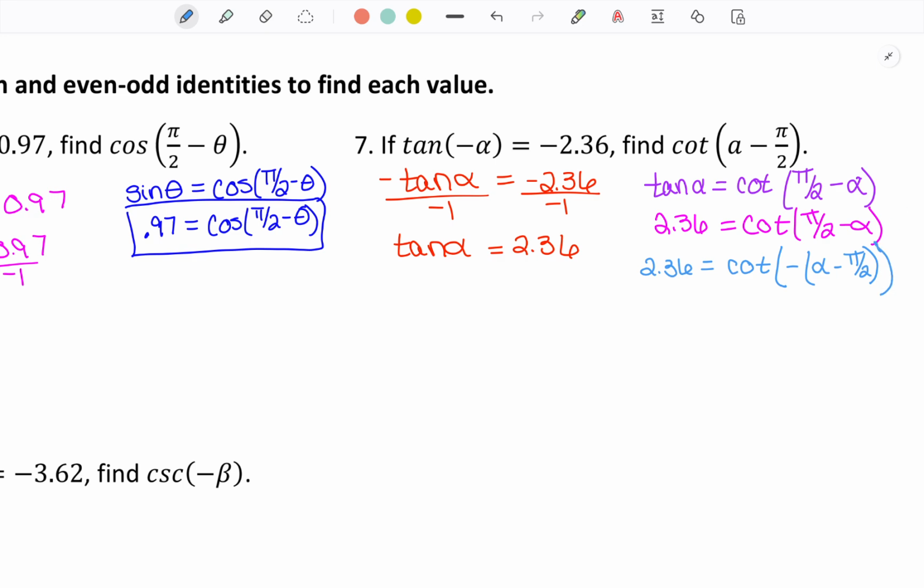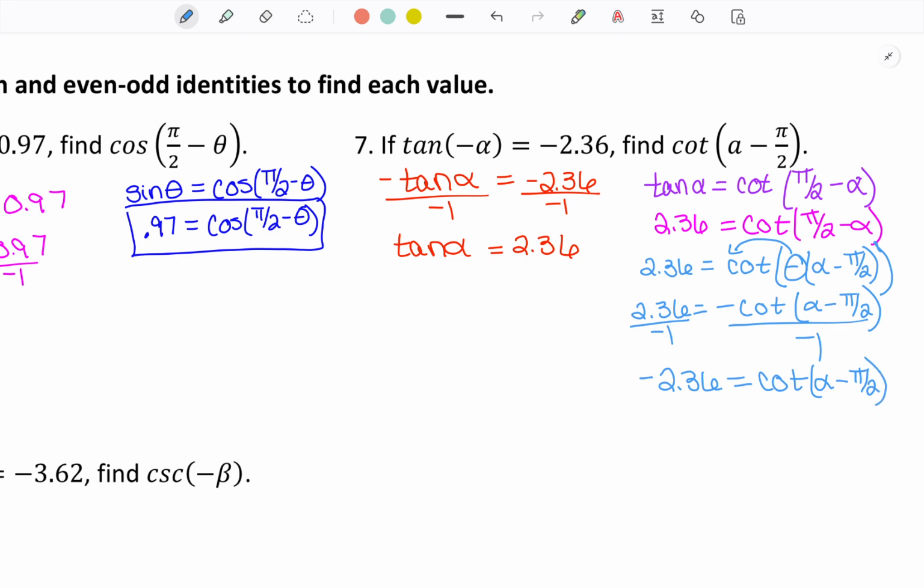And so we actually wind up switching the order on those. If you don't do that until later, that is fine. So this negative can now go out here. So we have 2.36 equals negative cotangent of alpha minus pi over 2. And then we have to divide by negative 1 to get rid of that negative. So we now have negative 2.36 equals the cotangent of alpha minus pi over 2.